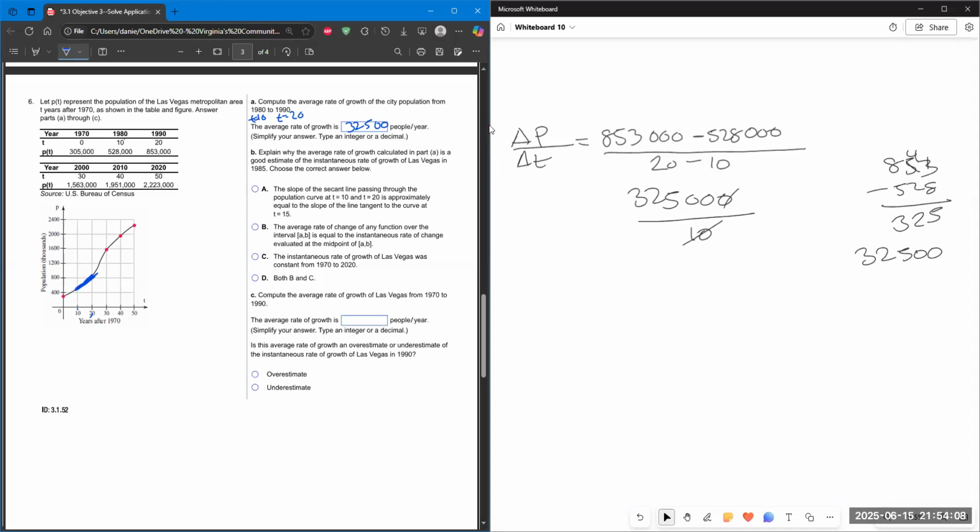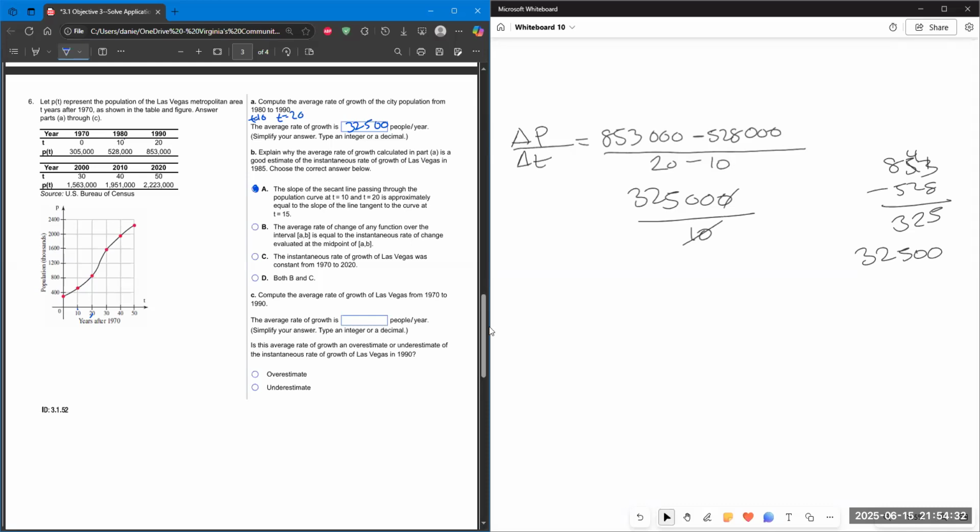Yes, that seems to match very well. So the slope of the secant line passing through the population curve at t equals 10 and t equals 20 is approximately equal to the slope of the tangent to the curve at t equals 15. That's A.